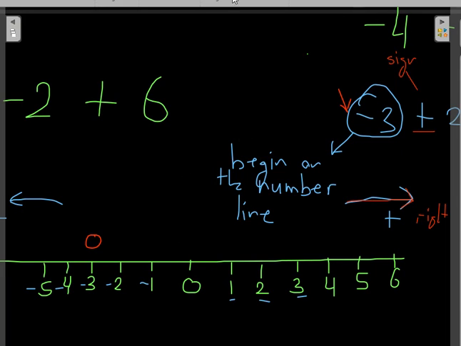And the 2, let me just rewrite this. So it was negative 3 plus 2, and I said it equals negative 1. The 2 now tells us how many places to move.